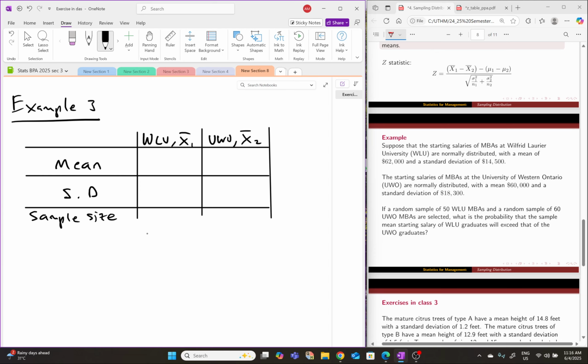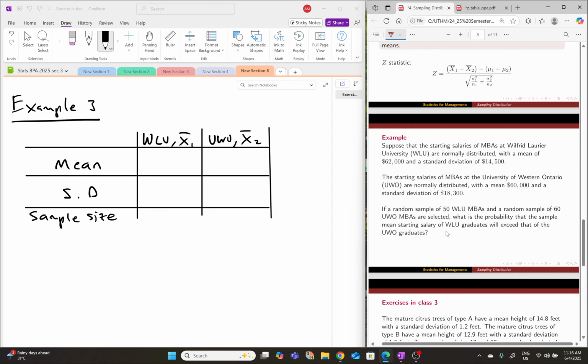Okay, so if you read this, there are two universities. Basically they're asking what is the probability that a sample mean starting salary of one graduate exceeds the other. So we're going to compare two means here.